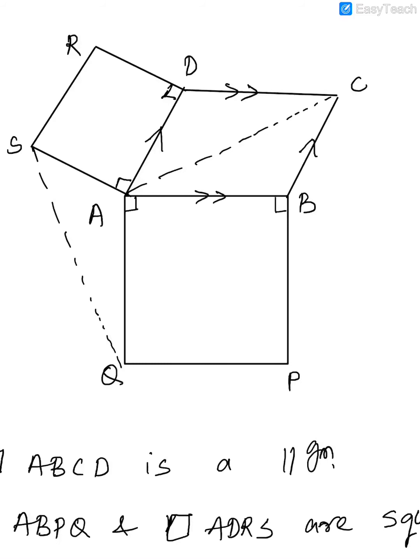Okay, so what we do, let this angle here be equal to X. Then if this angle is X, then what will be this angle? It will be 180 minus X. Reason: because adjacent angles in a parallelogram are supplementary. That's a property that you can say, adjacent angles in a parallelogram are supplementary.